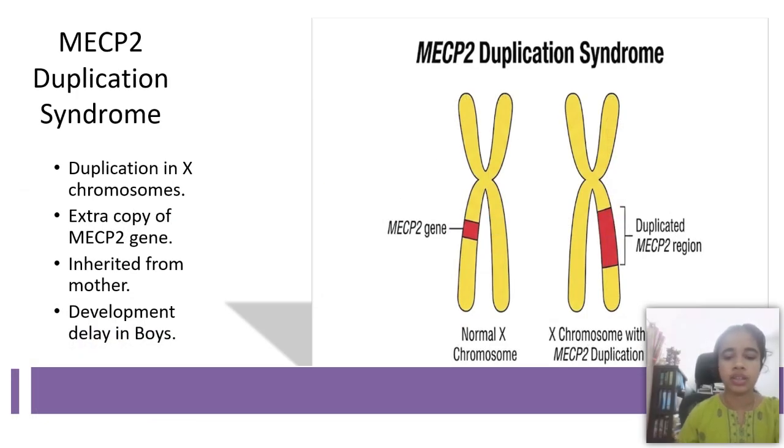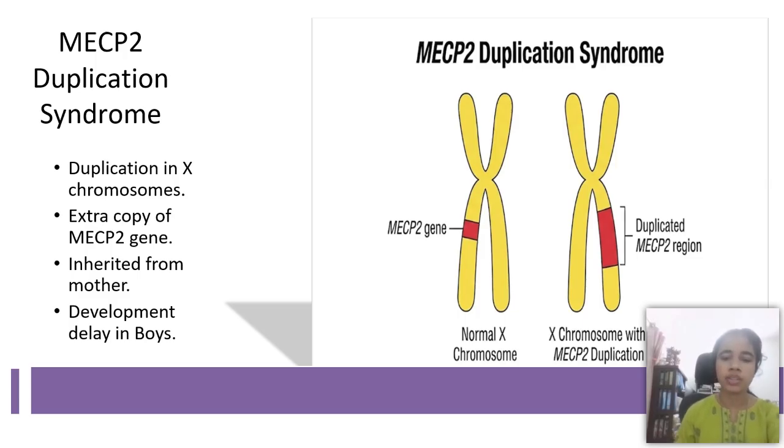Now, one of the conditions is MECP2 duplication syndrome. This happens because a small segment of the X chromosome, the region that contains the MECP2 gene, is accidentally copied twice. The duplication occurs due to errors during the formation of egg or sperm cells or during the early embryo.